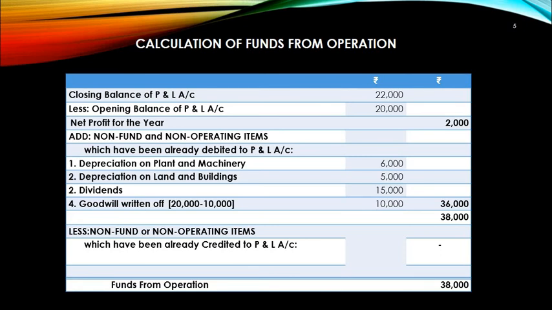To that 2,000 you added non-fund and non-operating items already debited to P&L account, so 36 plus 2 is 38. You don't have any items already credited to P&L account, we have only debited items, which we added. To deduct, we don't have any credited items, so it will be nil. So 38,000 will be the answer for funds from operation.